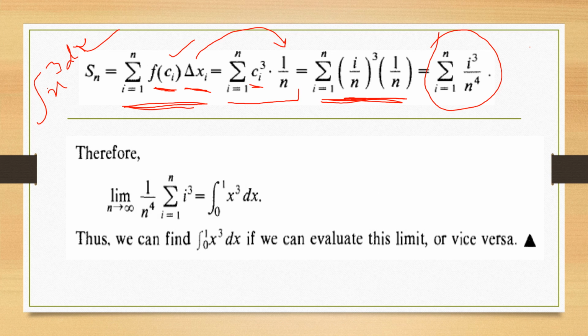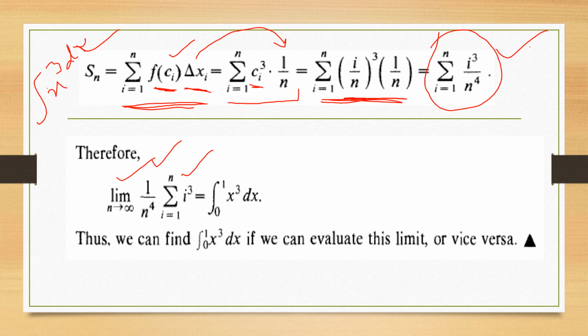According to the definition, we will write it as the limit as n approaches infinity of the sum of i cube by n to the fourth. We can take 1 by n to the fourth outside of the summation because i has to vary. Therefore, here we write only the summation of i cube.